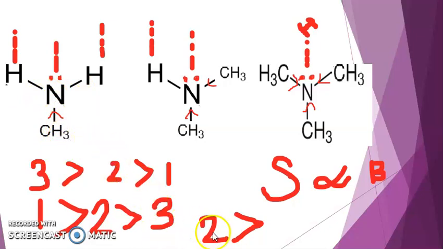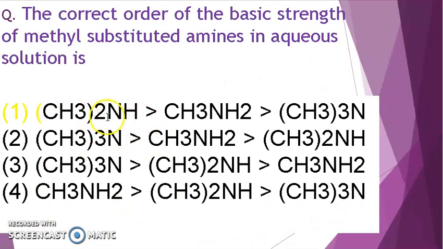So the order is: secondary amine is greater than primary amine, and primary amine is greater than tertiary amine. This is the correct answer, so we have to choose the first option.